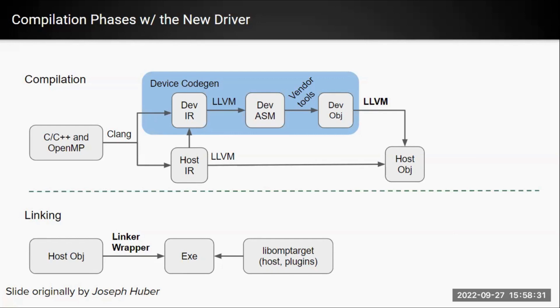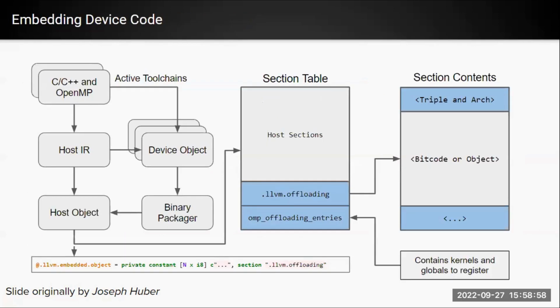Then we create object files for both. So if we do non-LTO, we create object files for both, and we embed the device object into the host object. And then at link time, we undo the embedding. We did the embedding so we have a single output file, even though we compile for multiple architectures. So we undo the embedding, and we link in libomptarget and other things. We put it all together.